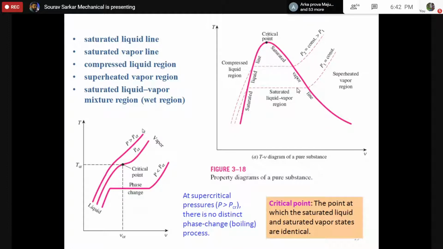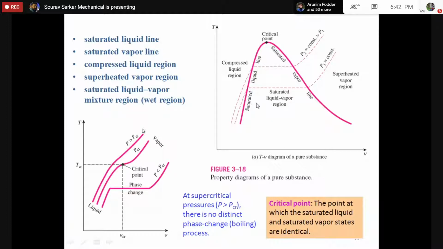I told you what this explains. If you have water at atmospheric pressure, at this point the pressure is constant and the temperature is constant.